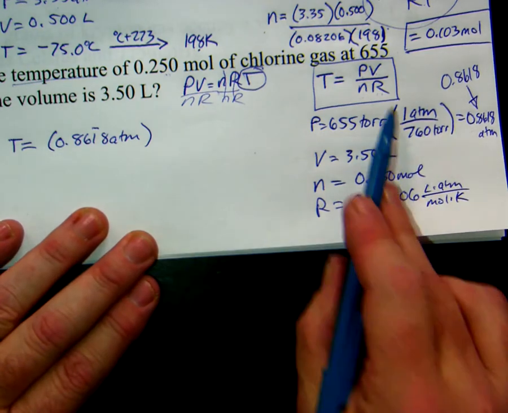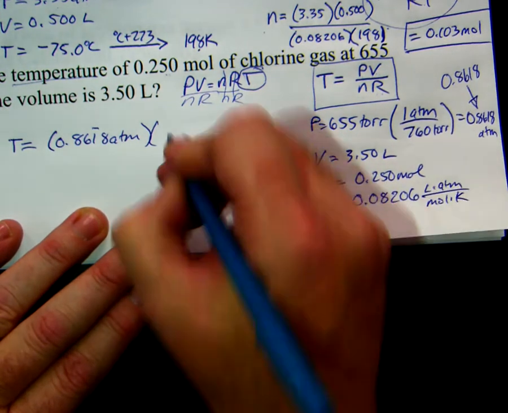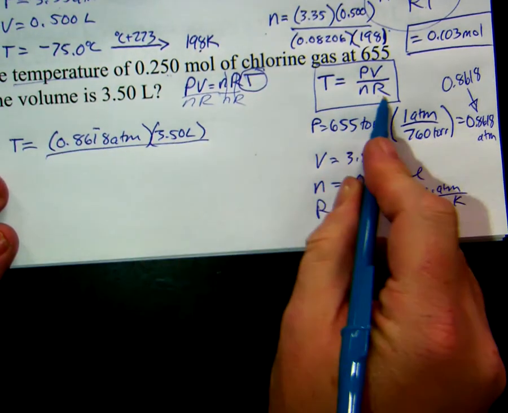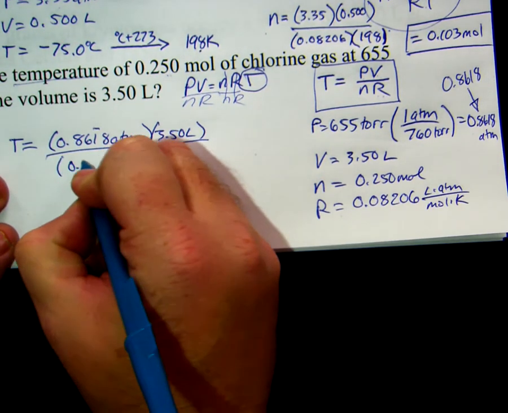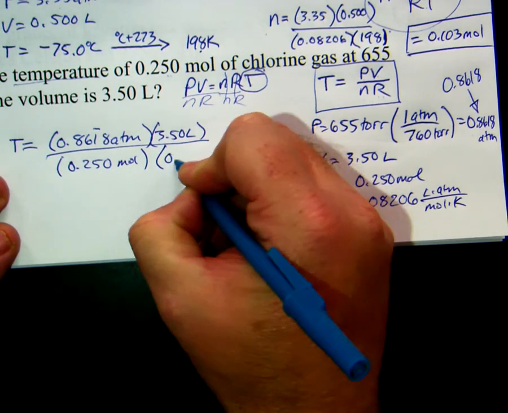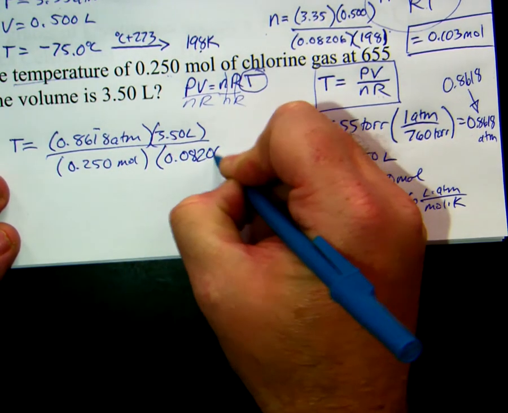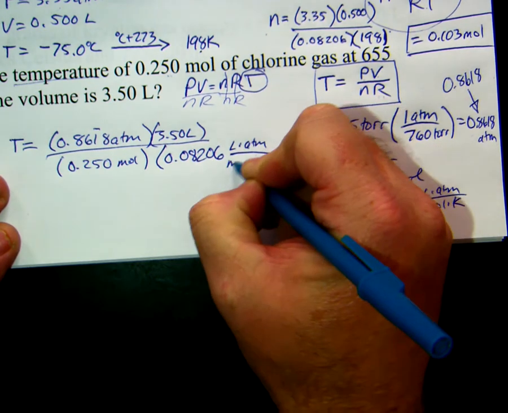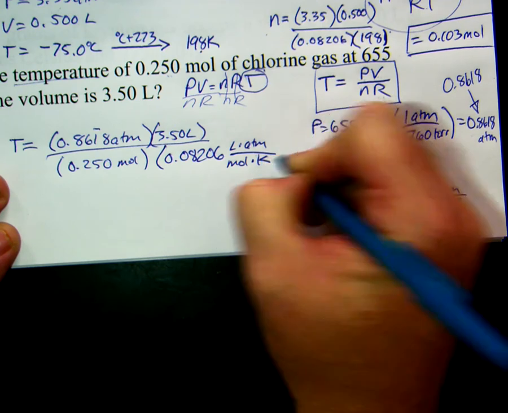Okay, volume is 3.5 liters. Number of moles is 0.250 moles, and R is 0.08206 liters times atmospheres over moles times Kelvin.